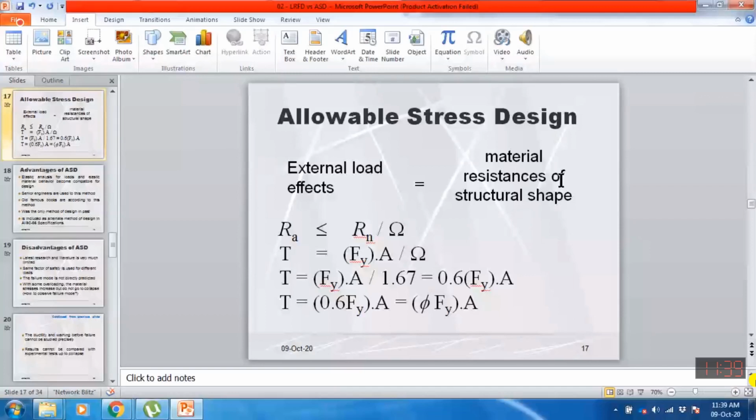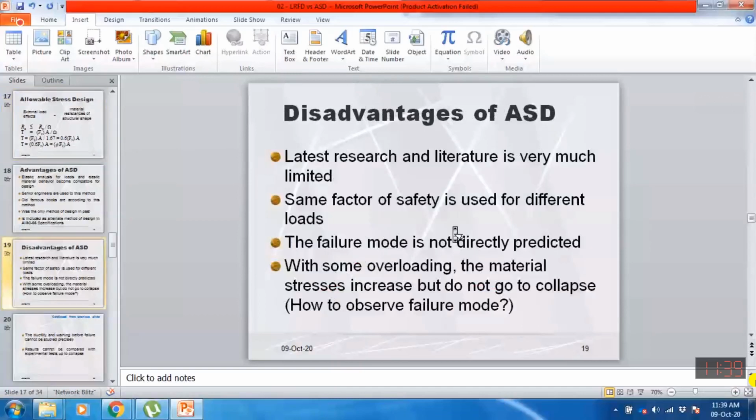We know that factor of safety is always more than 1. Normally in ASD, we use a factor of safety of 1.67. So 1 over omega is equal to phi value, and 1 over 1.67 will be equal to 0.6.